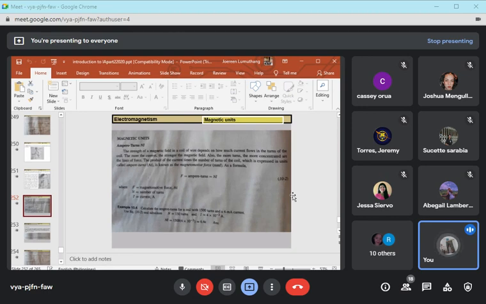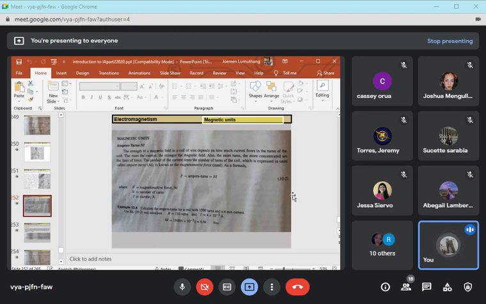So we have here an example. If we want to calculate the ampere turns for a coil with 1,500 turns and a 4 milliampere current, we use the equation F equals Ni. So we just have to multiply.